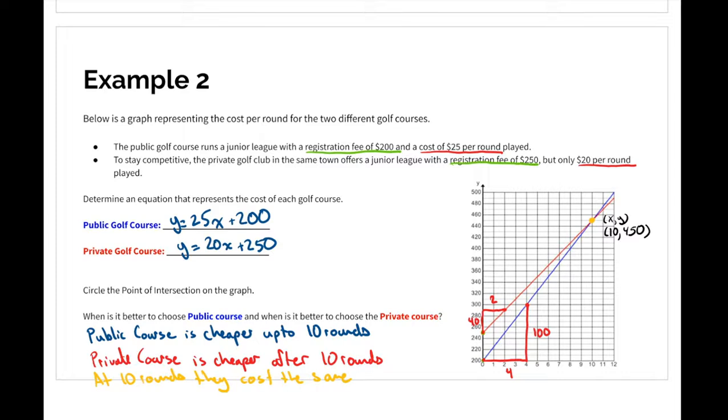It's understanding that when we're graphing two lines, the point of intersection means that the values of x and y are the same for both equations. And then looking before the point of intersection, one will be lower or less steep, and after, one will be higher or more steep. And in terms of our context questions or word problems, we should refer to those three scenarios when answering any question about the point of intersection.